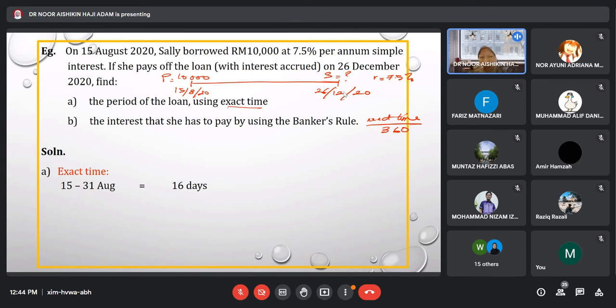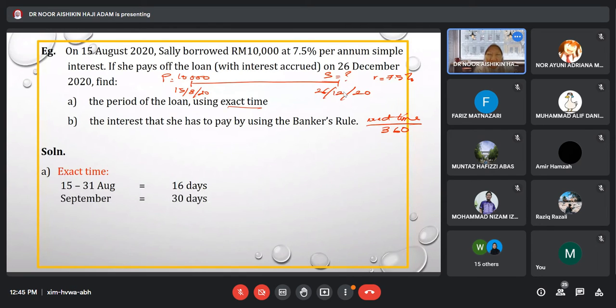So you go 31 minus 15. Sebab you mula dengan, you tak kira 15 hari bulan tu tahu. Sebab you nak kira 26 hari bulan Disember tu. So we disregard the 15th of August. So August ada 31 days. So you go 31 minus the first 15 days. So the balance left in August is 16 days.